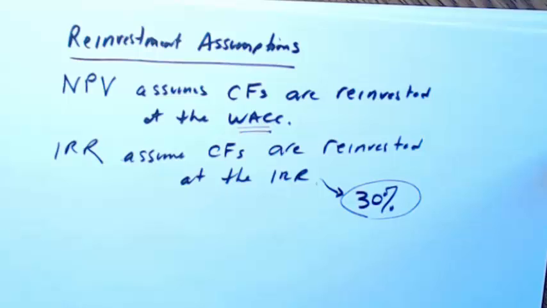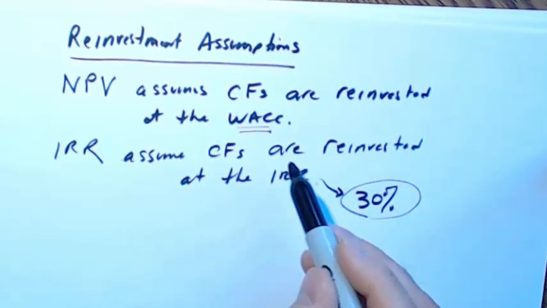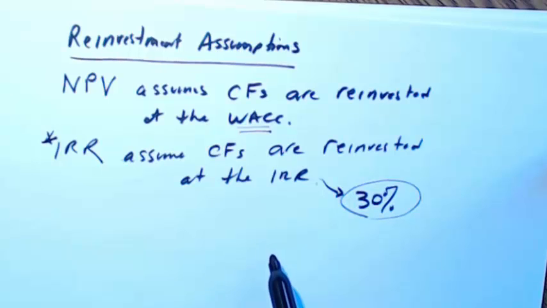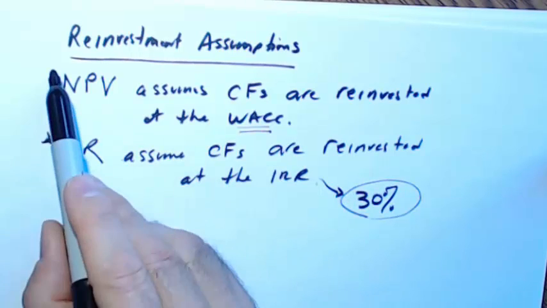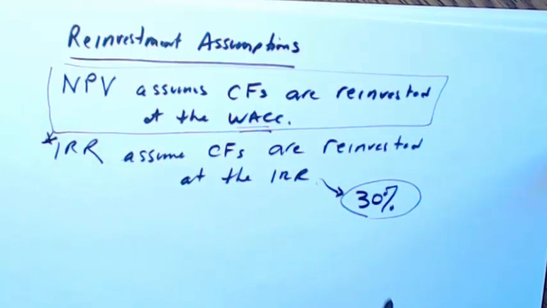It can only get reinvested at something close to the weighted average cost of capital. If that's the case, then this assumption is unrealistic for internal rate of return, which is another reason why net present value rules. It has to do with this reinvestment assumption.